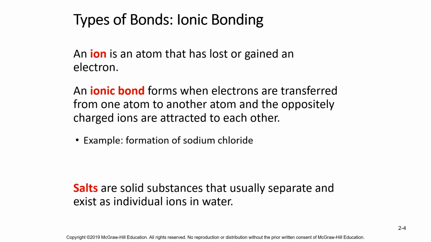The first type we're going to talk about is ionic bonding. However, just know that most of the time when we're comparing individual bond strength, covalent bonds are stronger. At least one of my test questions will be on how to rank them.